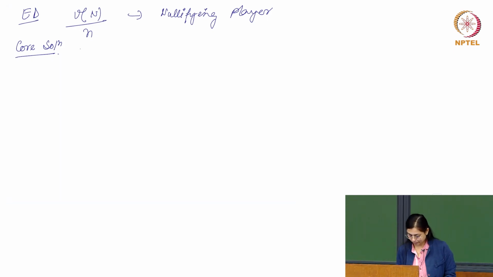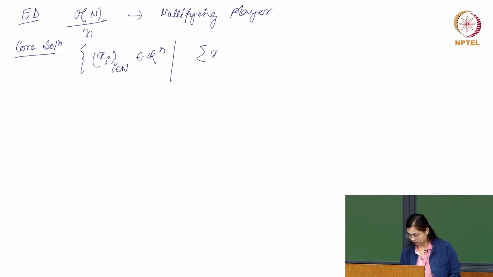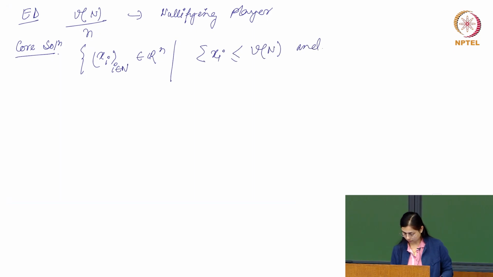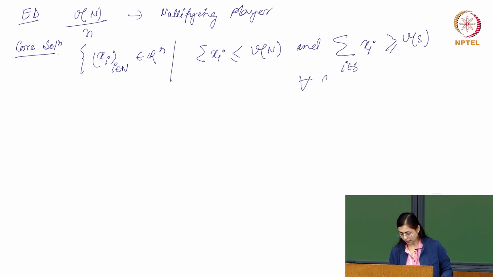So it is sum of x_i, i in S, greater than or equal to v of S, for all S a subset of N.